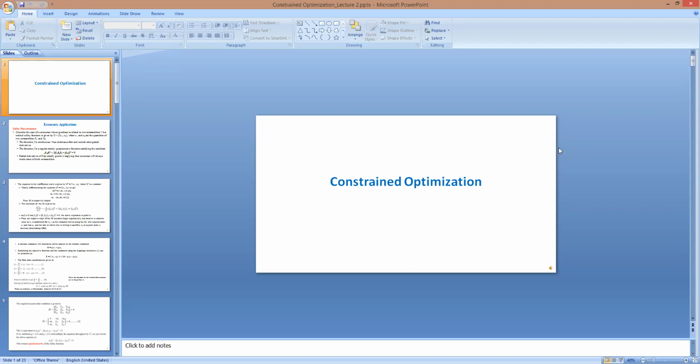Okay, so 1A, there were 4 numerical exercises.